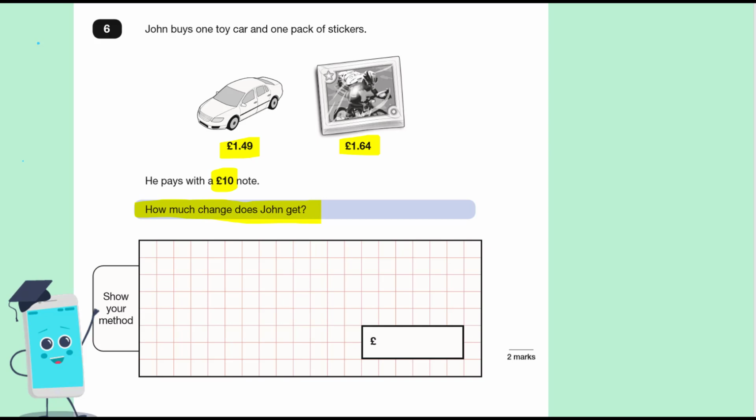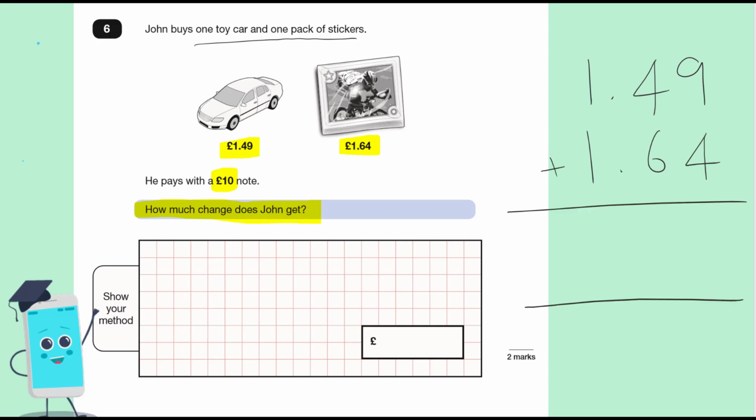Our first step is to figure out how much our car and pack of stickers cost. So to do that, I would add my £1.49 and my £1.64.